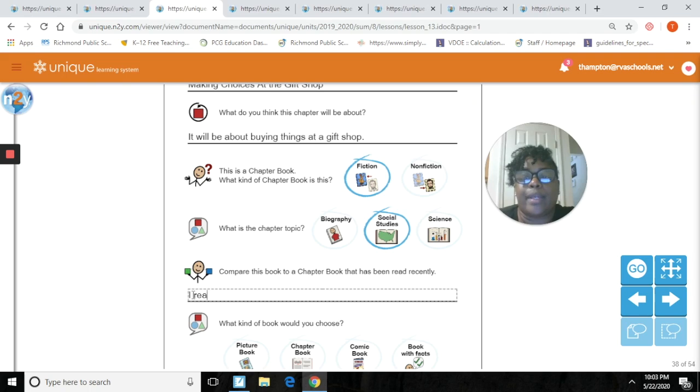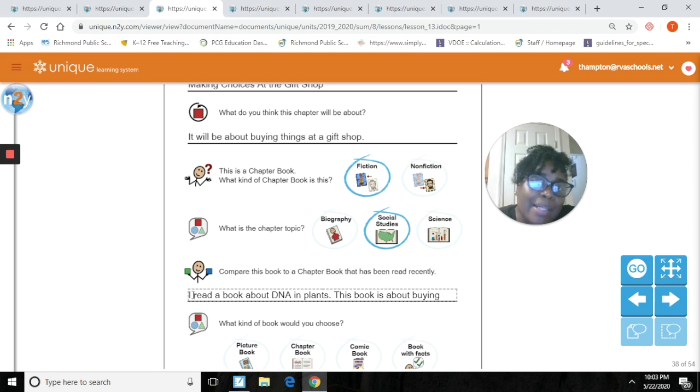I read a book about DNA in plants, okay? This book is about buying, and it won't let me type any further, okay? But this book is about buying things in a gift shop. Well, that's the difference.